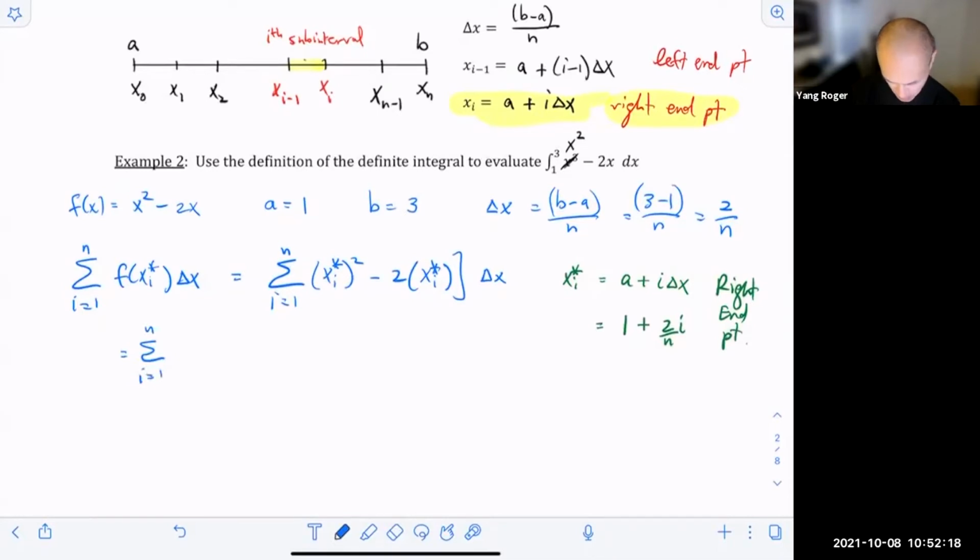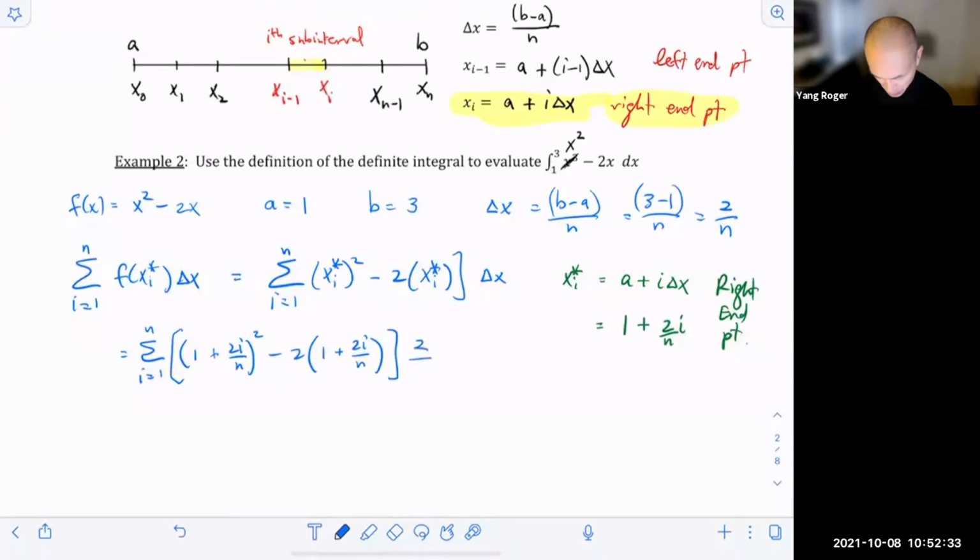We're going to put (1 + 2i/n)^2 minus 2 times (1 + 2i/n), all of this times your delta x, which was 2/n. So all I did there was substitute my xi star into the previous equation here.